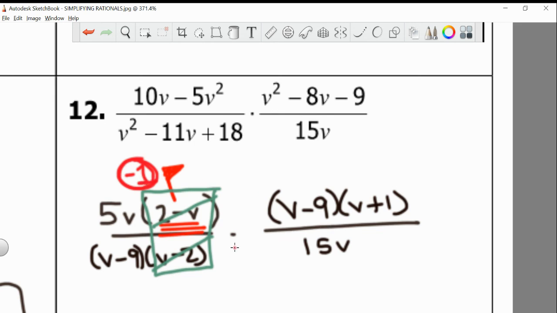What else cancels out? Right? What else? A v and a v, because it's not locked to anything. Right. The 5 and the 15, and what's left over from the 15? A 3, right? Because that's basically a 5 times 3, and the 5 is gone.